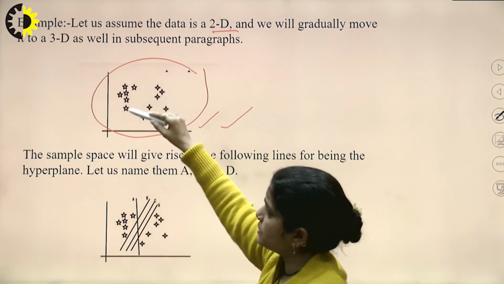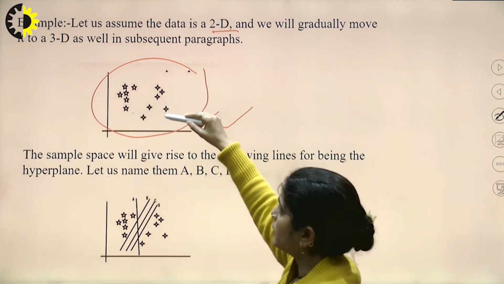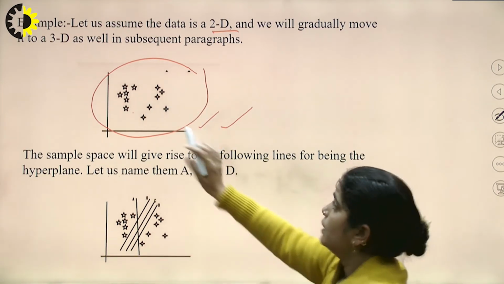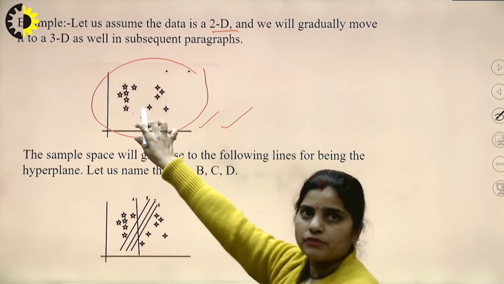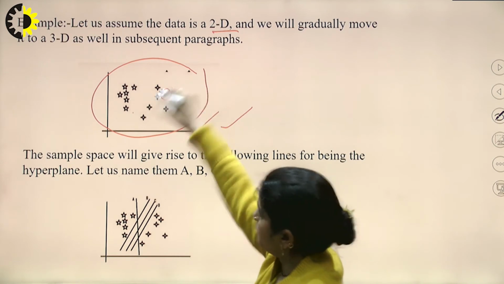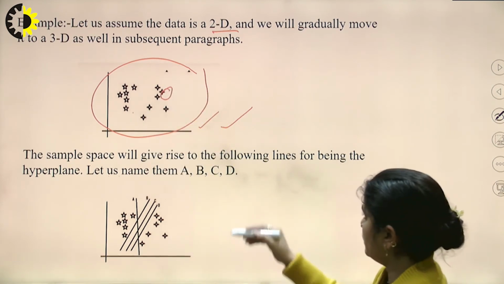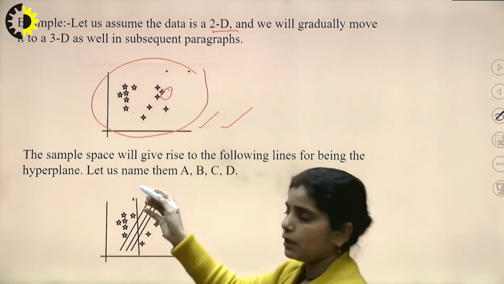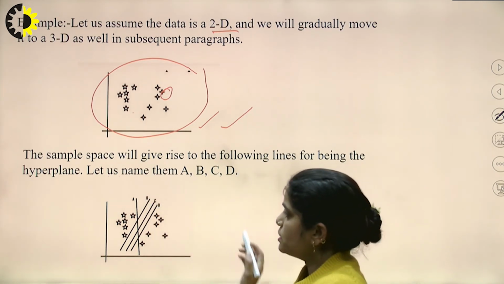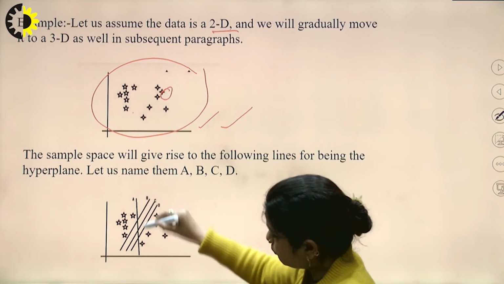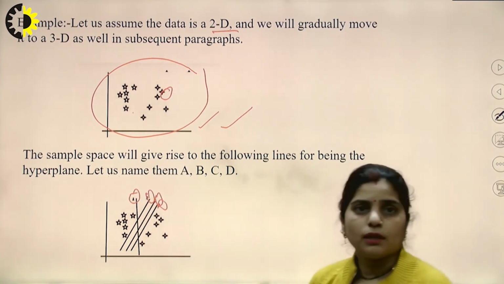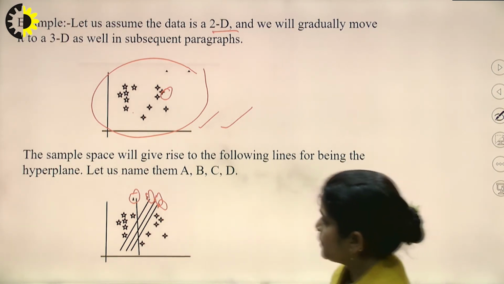The first kind is stars having 5 points, and the second has 4 points. Now, we are going to assign hyperplanes for that sample space. So, we draw four hyperplanes: A, B, C and D.